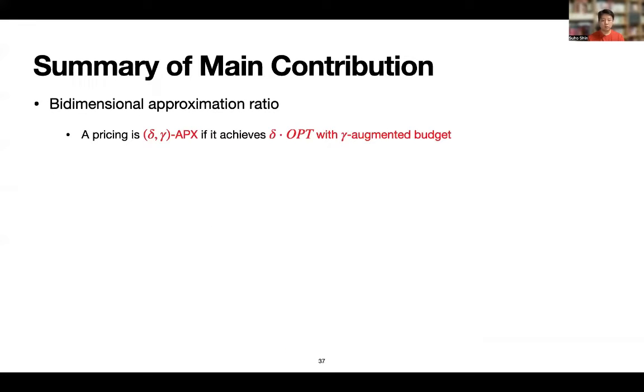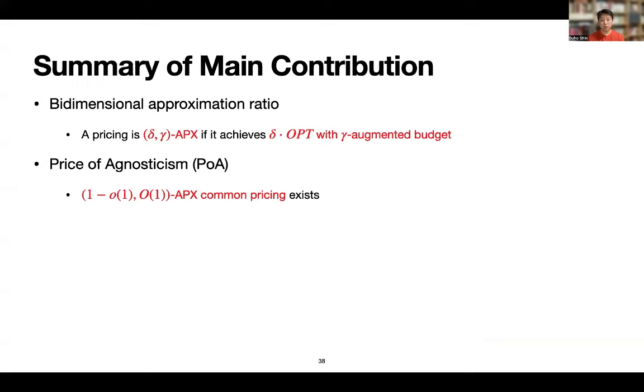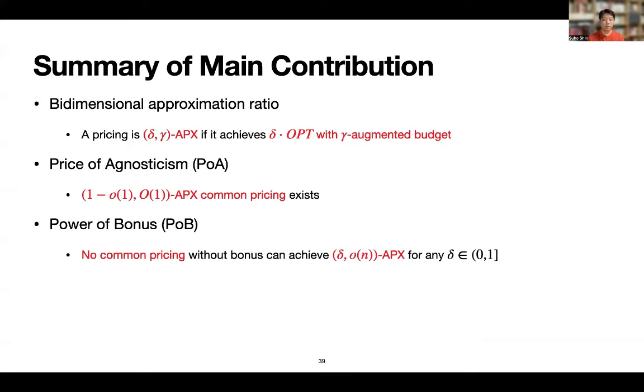To briefly introduce our main results, we first define a bidimensional approximation in terms of utility and budget. And then we study the price of agnosticism, which shows that there exists a common pricing that well approximates the optimal pricing. We also found a power of bonus, where we proved that approximation is impossible without bonus nor personalization.